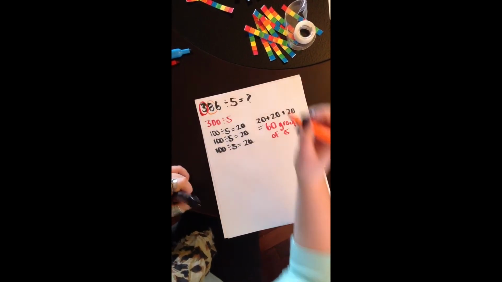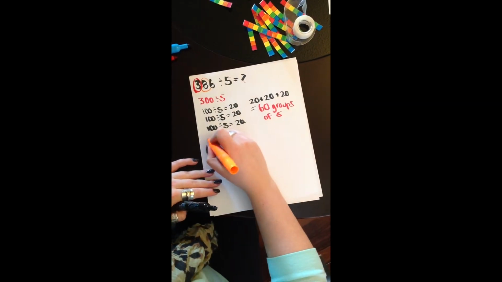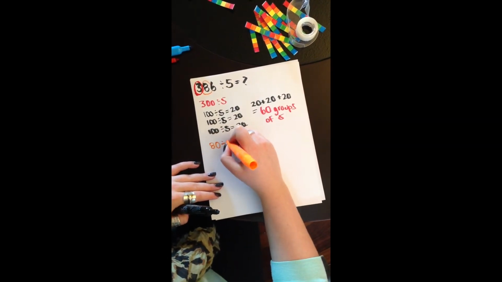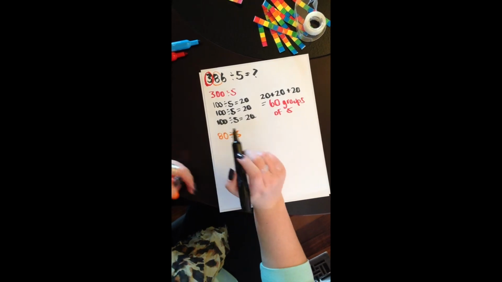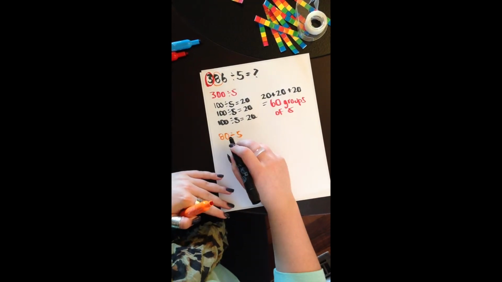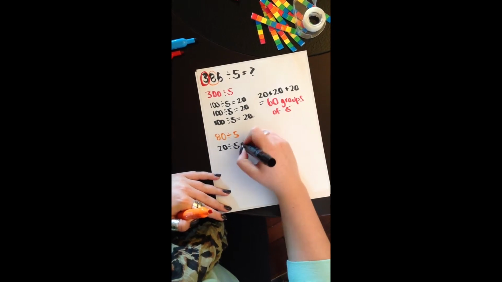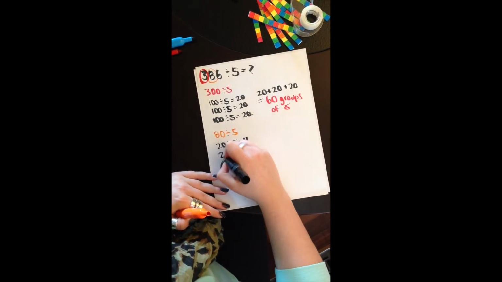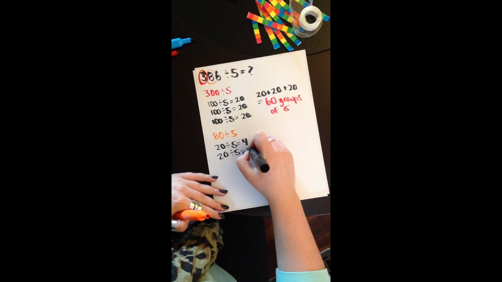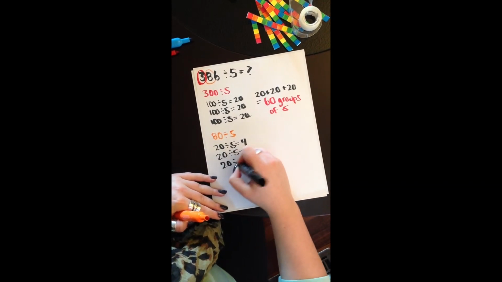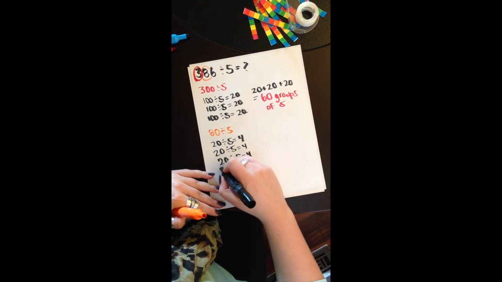Next, you will do 80, which is in the tens place. So 80 divided by 5. This can be broken into many ways. What I chose to do is 20 divided by 5, which equals 4. So they will repeat this 4 times. There's 4 groups of 20 in 80.